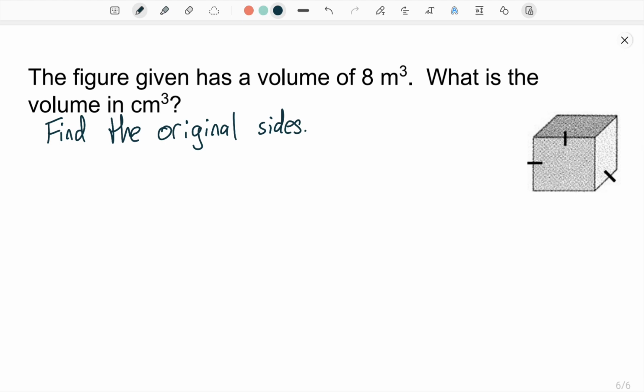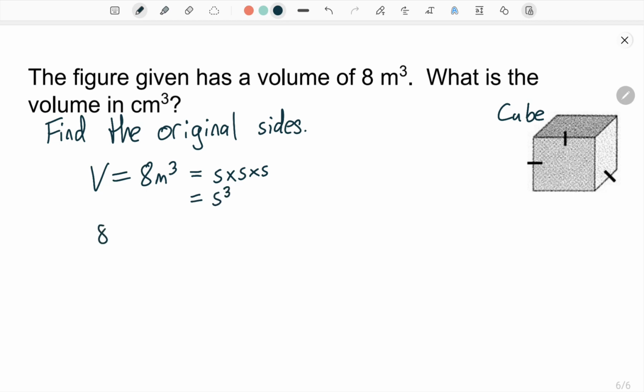Okay, so if we go ahead and find the original sides, we know the volume is 8 meters cubed. We know that this is a cube, so how would you normally find the volume of a cube? Well, normally the volume of a cube is whatever your side is, times whatever your side is, times whatever your side is, or you could write that as side cubed.